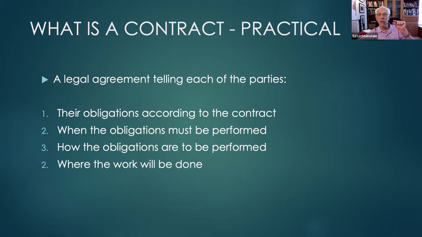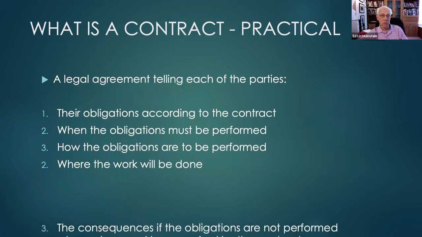It could be the standard of performance that you're obligating yourself to. It can be a whole number of things. It can be the documentation you have to provide before you get payment, or the format in which you have to provide your deliverables.